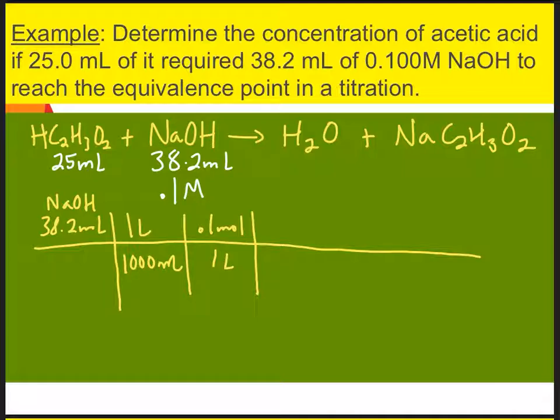And now we're in moles of sodium hydroxide, so now we can do a mole to mole ratio. But something we didn't do was make sure that our equation was balanced. And here we got lucky because it was. Sometimes we may need to make sure that our equations are balanced. So we're lucky we have a 1 mole of NaOH to a 1 mole of acetic acid, HC2H3O2.